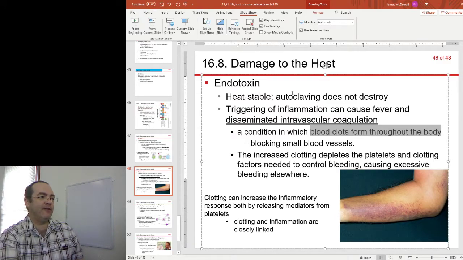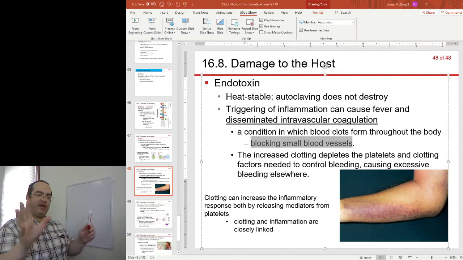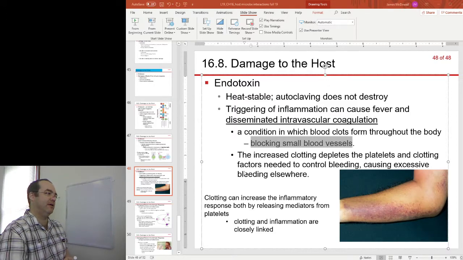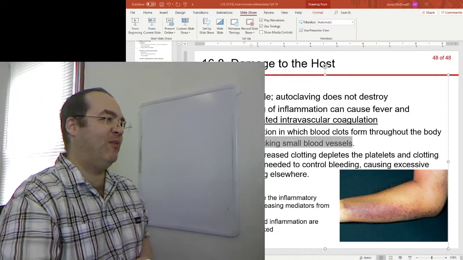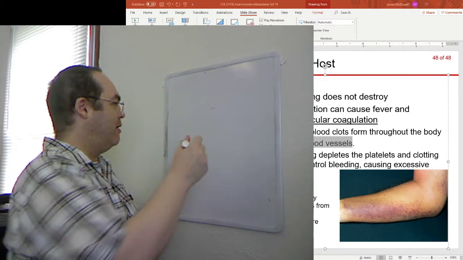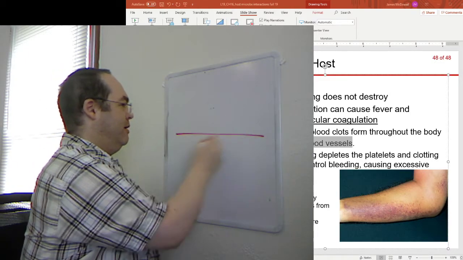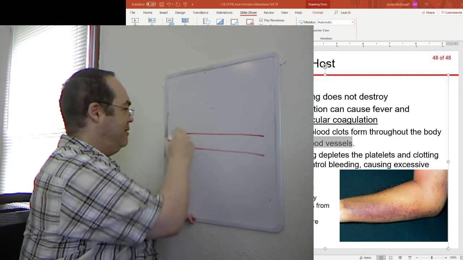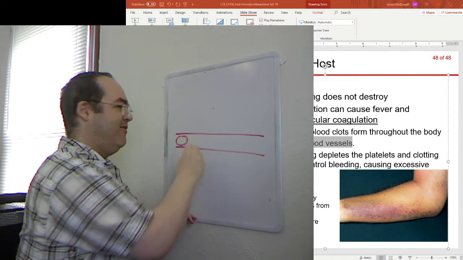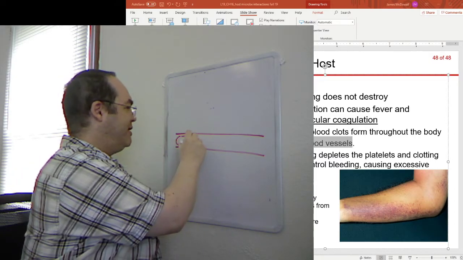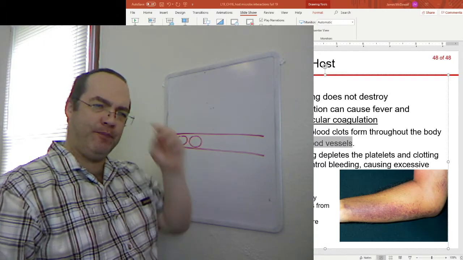In this case, the blood clots happen all throughout the body. They can block small vessels. We have different kinds of blood vessels in our bodies. One very important kind is capillaries. Capillaries can be so narrow that sometimes even red blood cells have to pass through them single file.